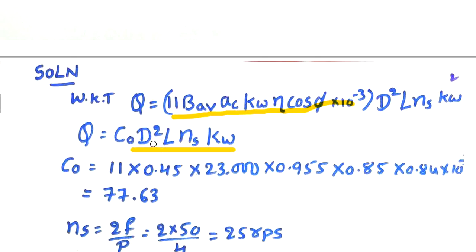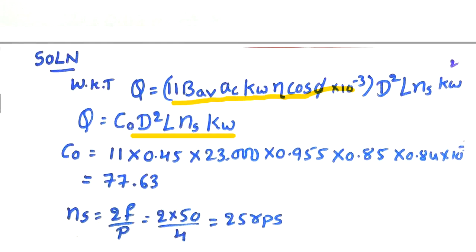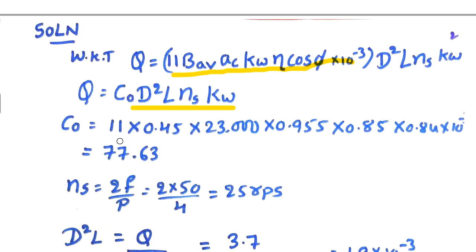We don't know D square L, and we need to find both terms, D and L. Applying all the values in C naught, we get 11 into 0.45 into 23,000 into 0.955, and all these values give 77.63.